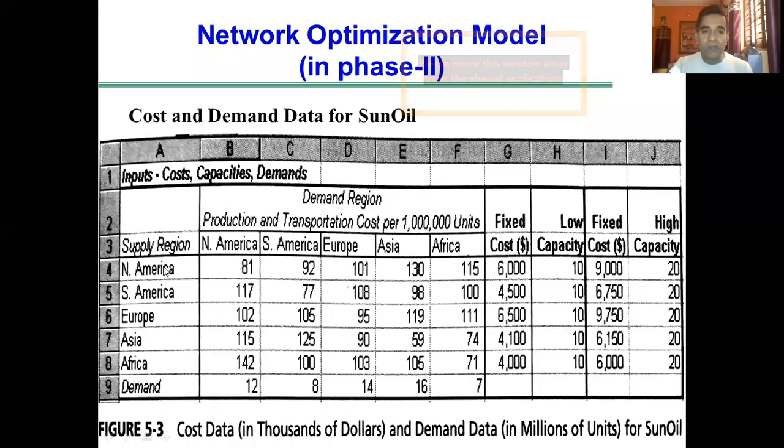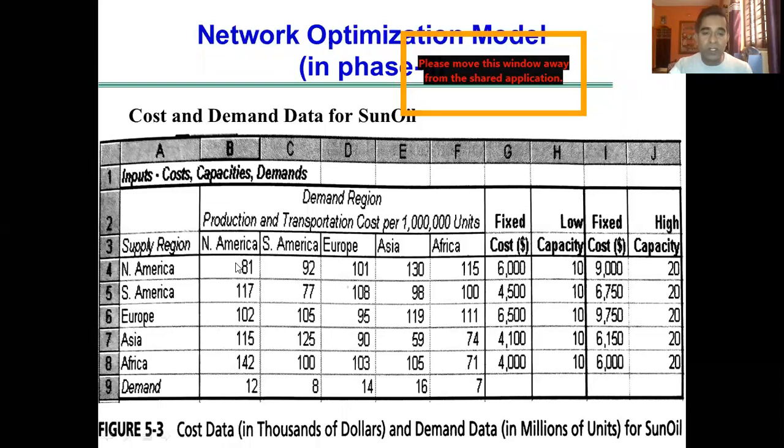From B4 to F8, this is the information on production and transportation cost per 1 million units in thousands of dollars. For example, if the company decides to make in North America and sell in North America, for 1 million units, it would incur a cost of $81,000.